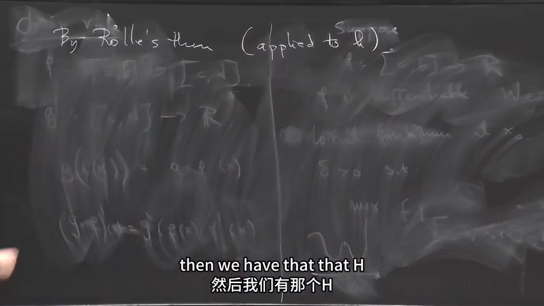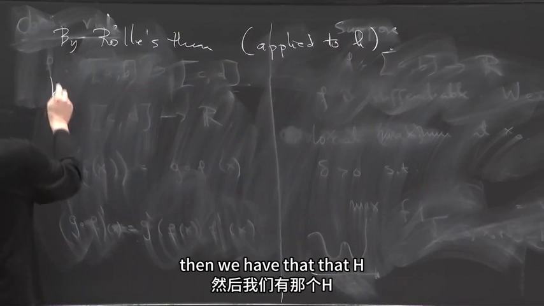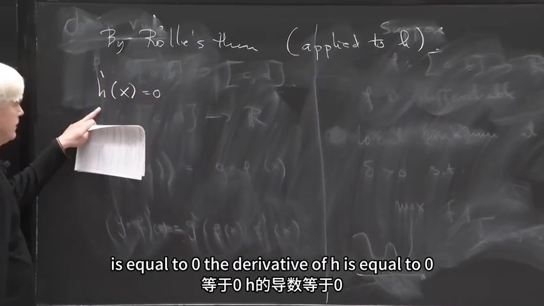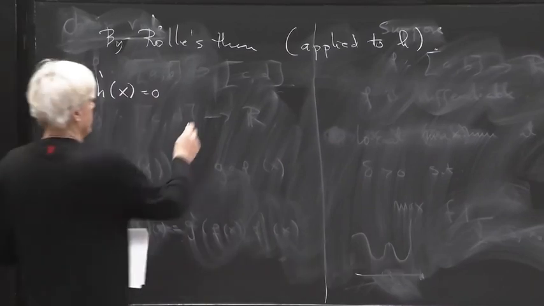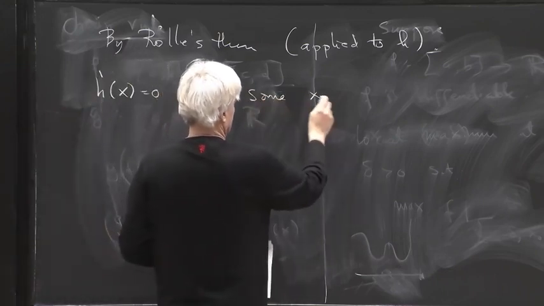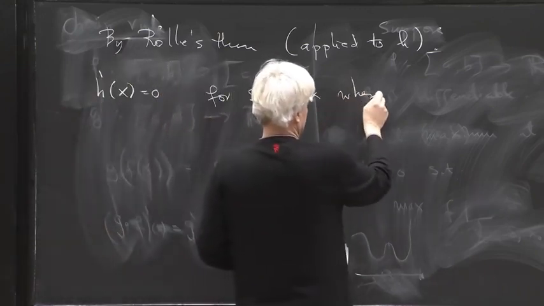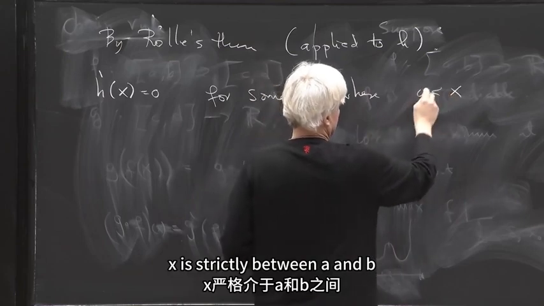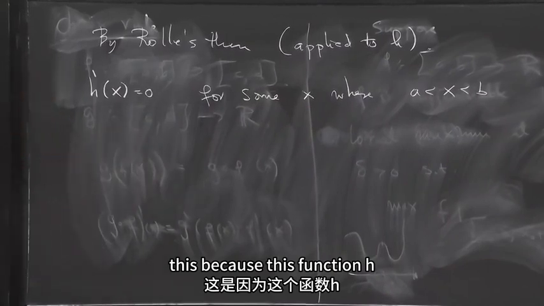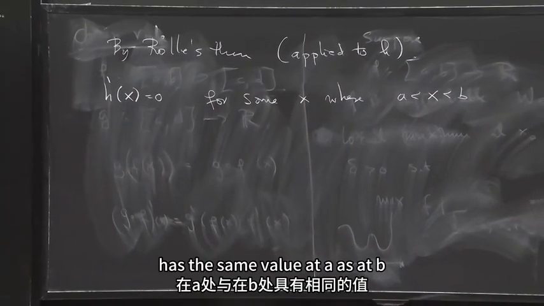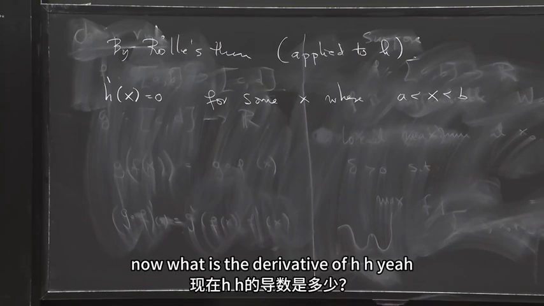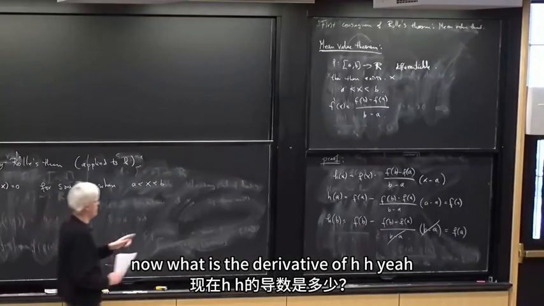Then we have that the derivative of h is equal to 0 for some x where x is strictly between a and b. Right? This is Rolle's theorem. This is because this function h has the same value at a as at b. Right? Now, what is the derivative of h?